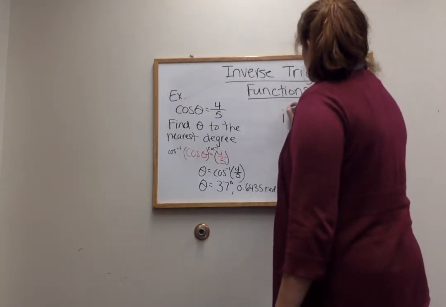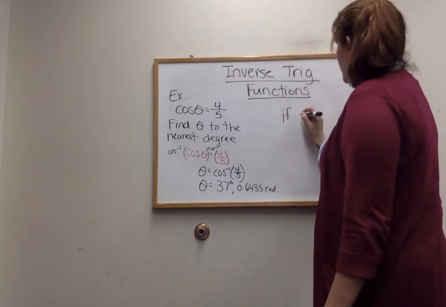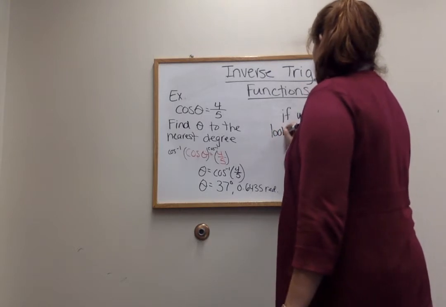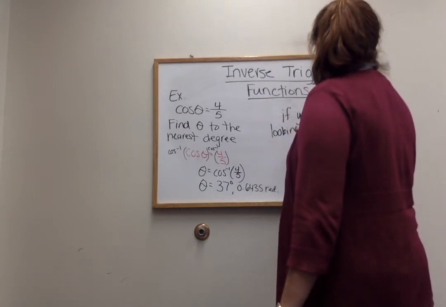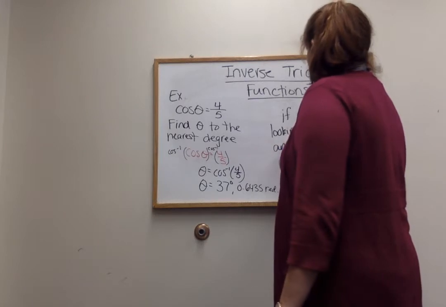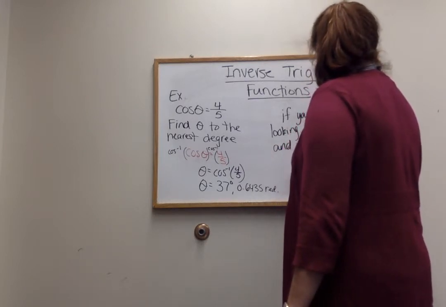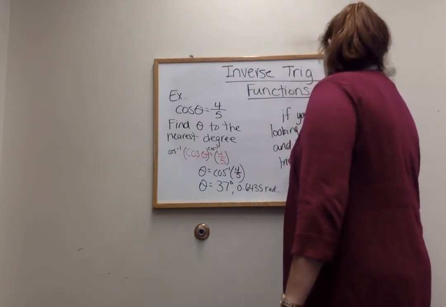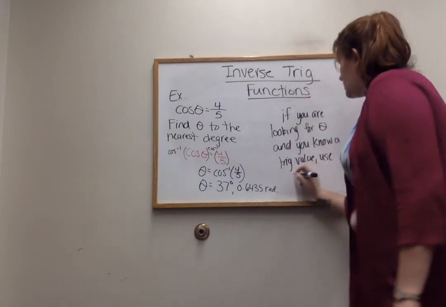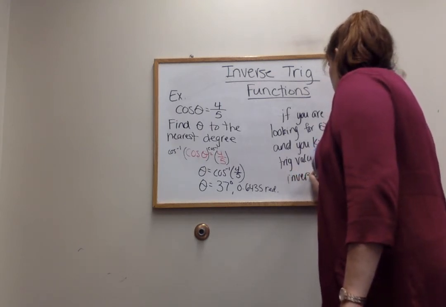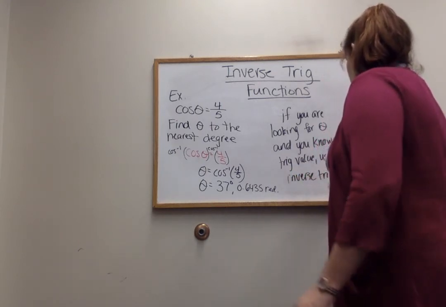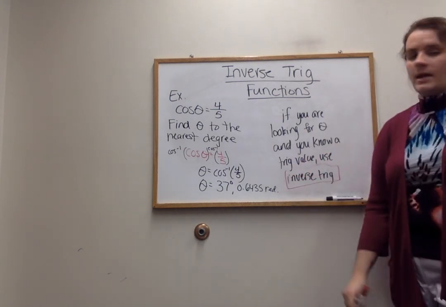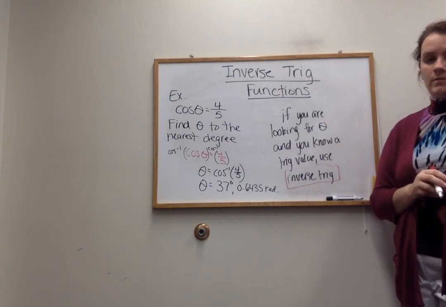So, to summarize that big idea from before, if you are looking for theta, and you know a trig value, use inverse trig. Okay. So that's the big idea with that. And there are some problems on MATLAB for you to practice with that.